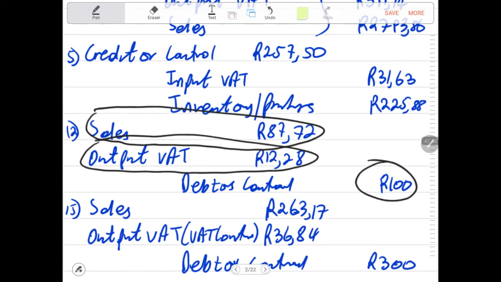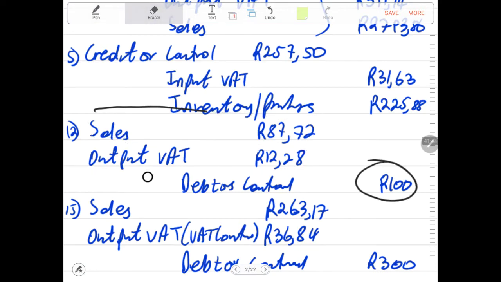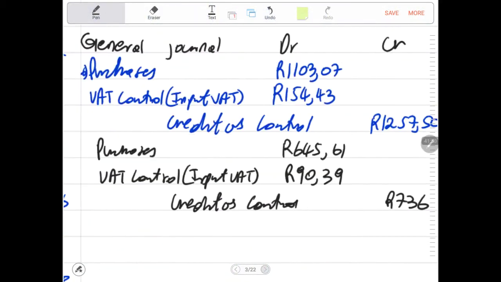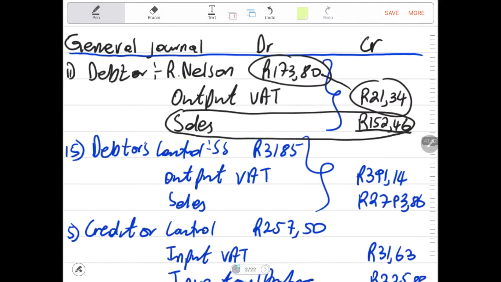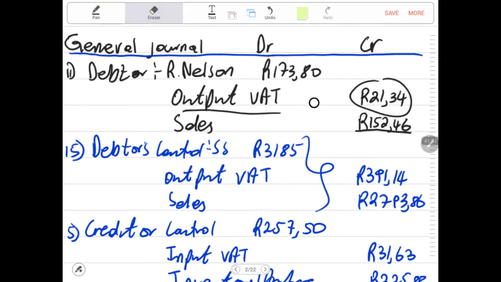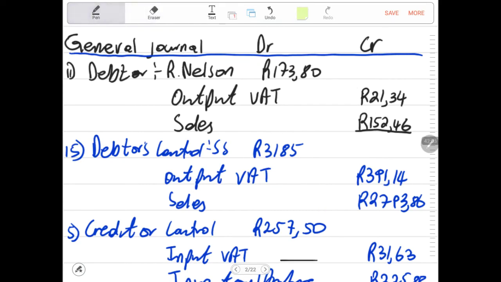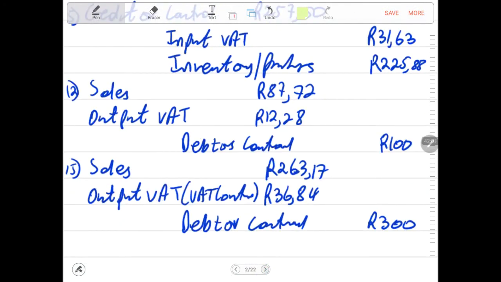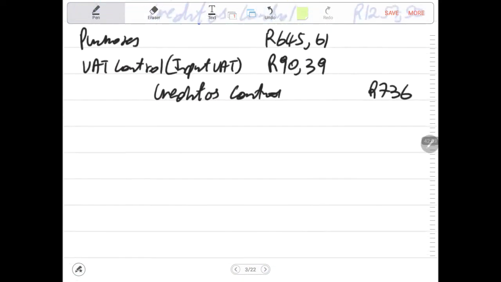So always make sure that is the case where you deal with a business that is a VAT vendor. Sales and inventory must always not include VAT, meaning VAT must always be separated, be it input VAT or output VAT. It must always be separated from the sales and from the inventory, but added to the purchases and the creditors control and the debtors control.